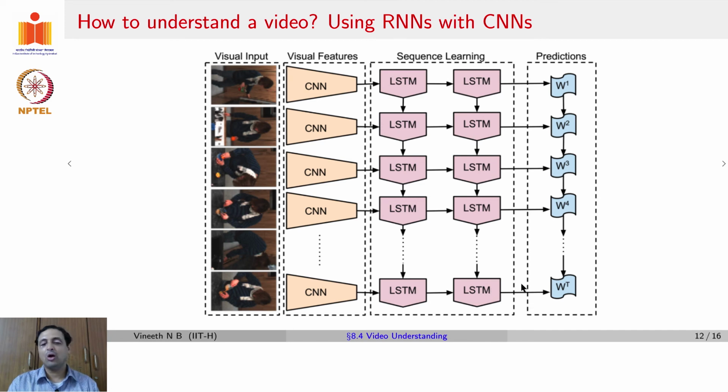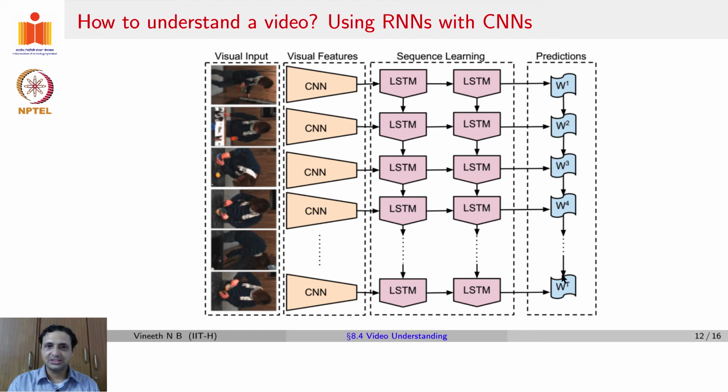Finally, the output of these LSTMs are the predictions that you make. So you could have a prediction per frame, or you could ignore all of these to make a prediction only at the last time step. That would be the way to combine CNNs with RNNs.